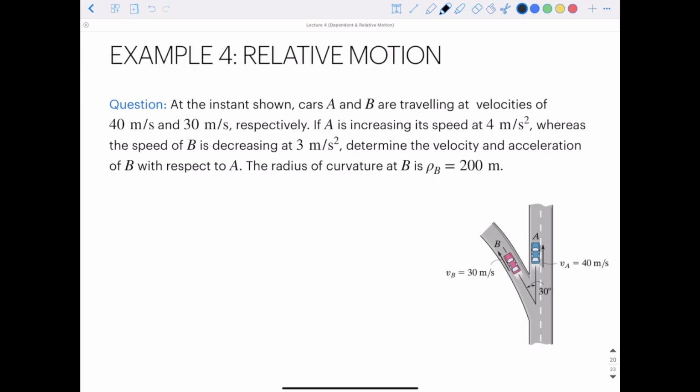If A is increasing its speed at 4 meters per second squared, whereas the speed of B is decreasing at 3 meters per second squared, determine the velocity and acceleration of B with respect to A. And it says the radius of curvature at B, rho B, is 200 meters.